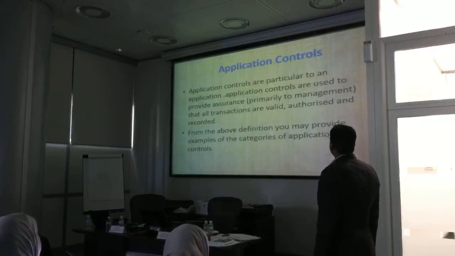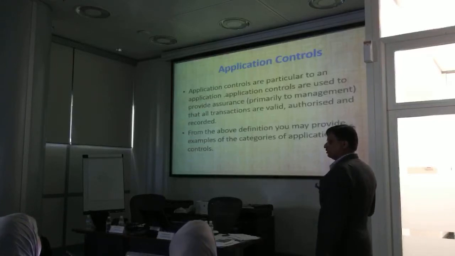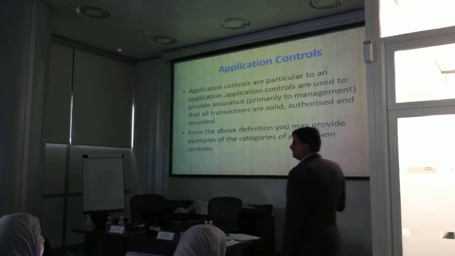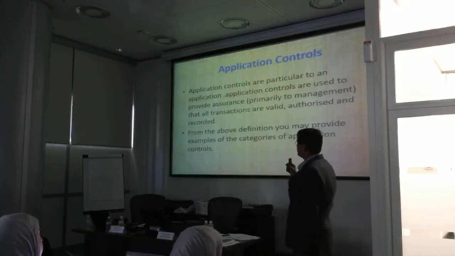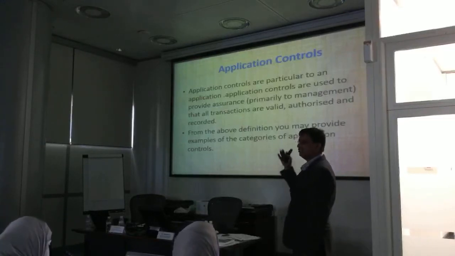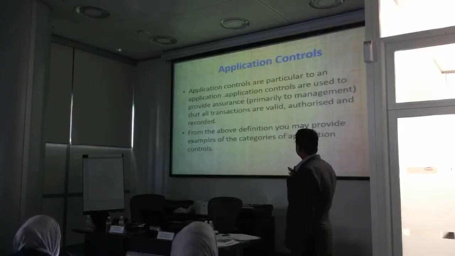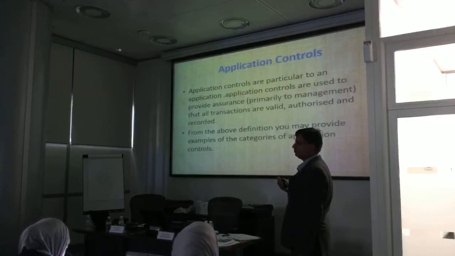Application controls provide assurance to management that all transactions are valid, authorized and recorded. So we have seen in the previous slide that application control were in the inside box. So important thing is if IT governance and general controls are robust enough, only then application controls will be effective.